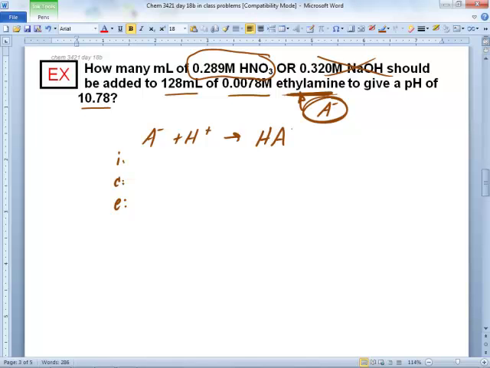Why not just write A minus for ethylamine and HA for its acid form? If you prefer to write ethylamine, go ahead and write it. I don't even know what it is. You'd have to look in the book and see what the formula is, right? CH3, CH2, and NH3 plus. Well, NH3 plus would be the HA side. The NH2 would be the ethylamine. Okay.